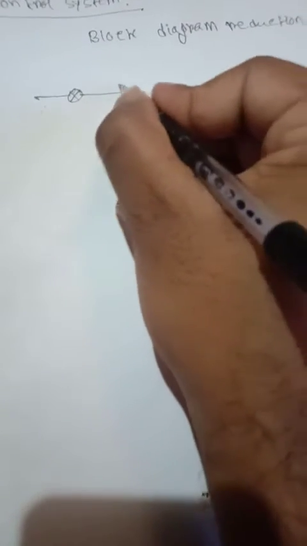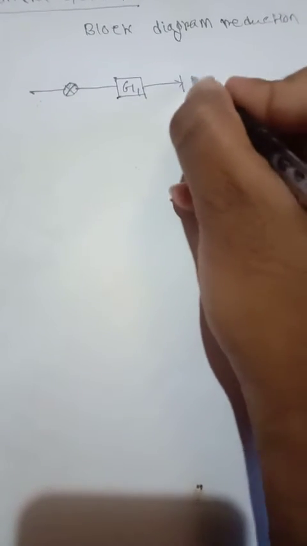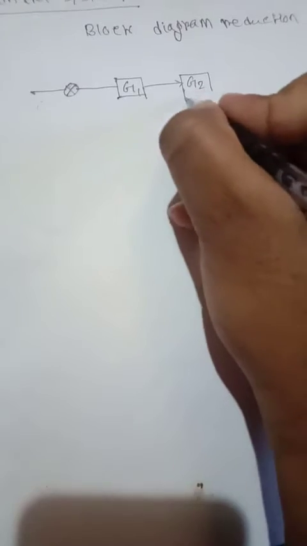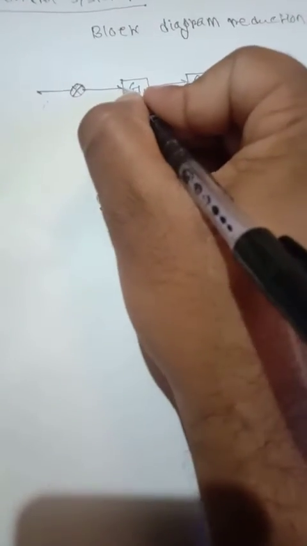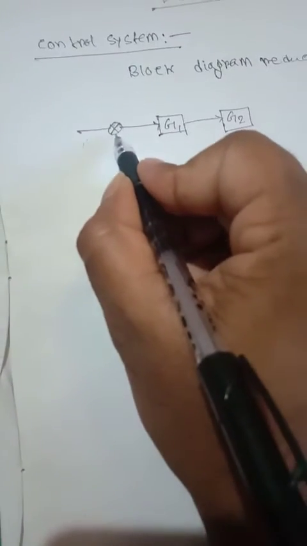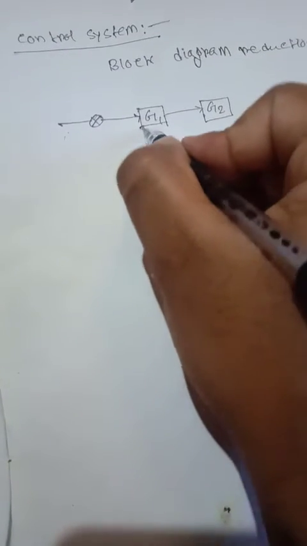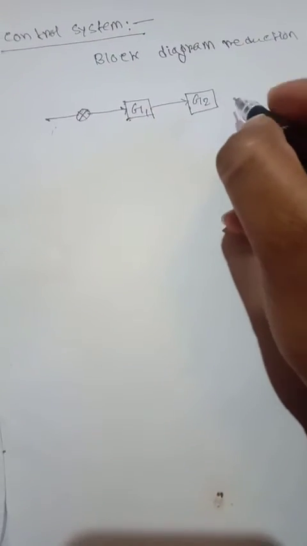Here there is a summing point, and G1 is a transfer function and G2 is another transfer function. This is called the summing point. R is the input and C is the output.